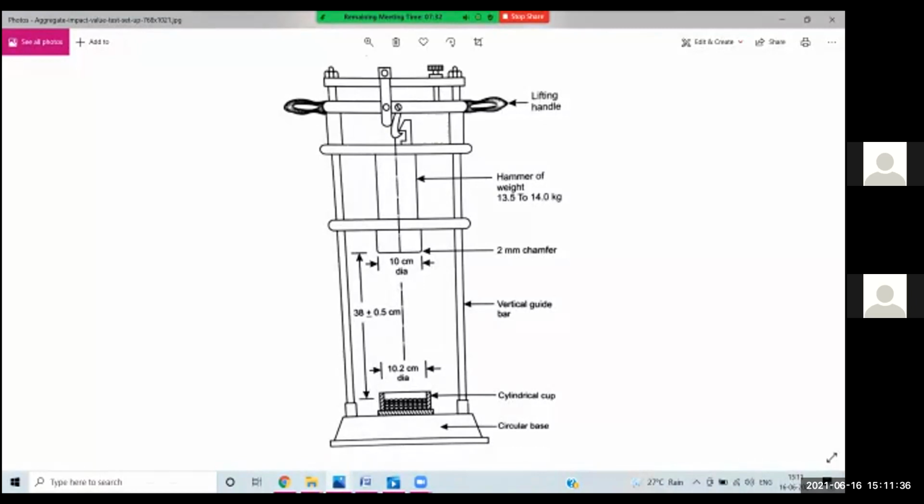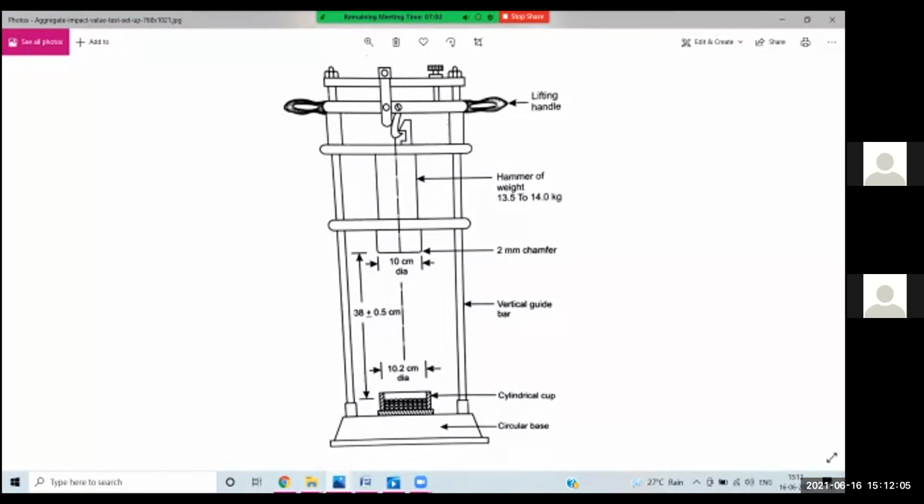You can see this diagram. It will be clear to all. This is the lifting handle. This is the hammer, weight 13.5 to 14 kg. This is the lower part of the hammer. Diameter is 100 millimeter. A 2 millimeter chamfer is here.